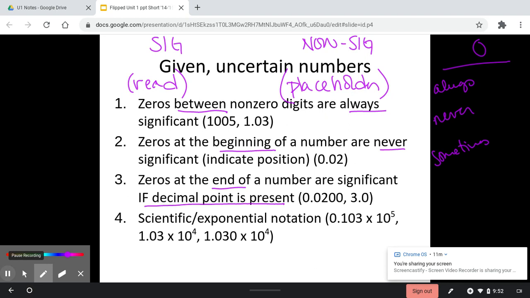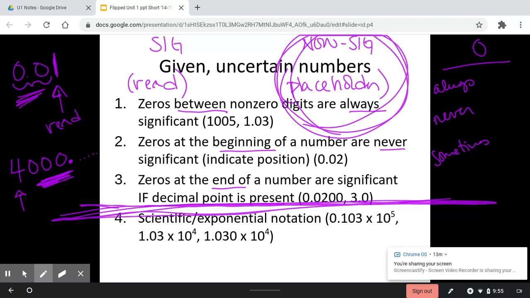But if you're not reading the number off of a beaker when you're taking your measurement, then the zero that's present is just a placeholder. And placeholders are what we call non-significant numbers.